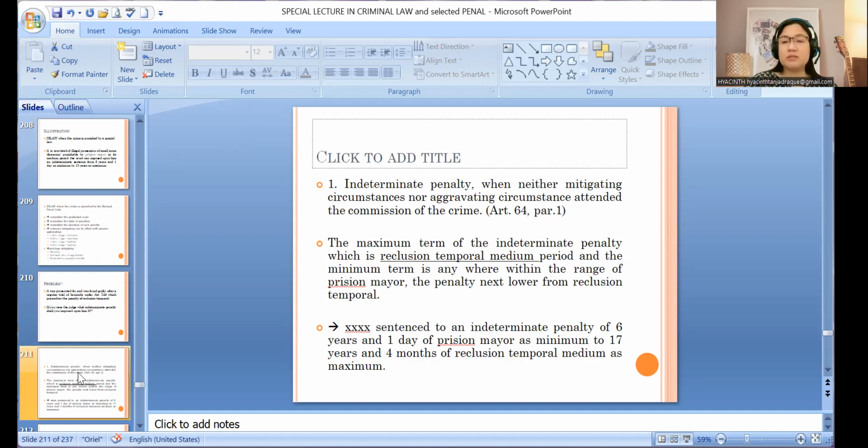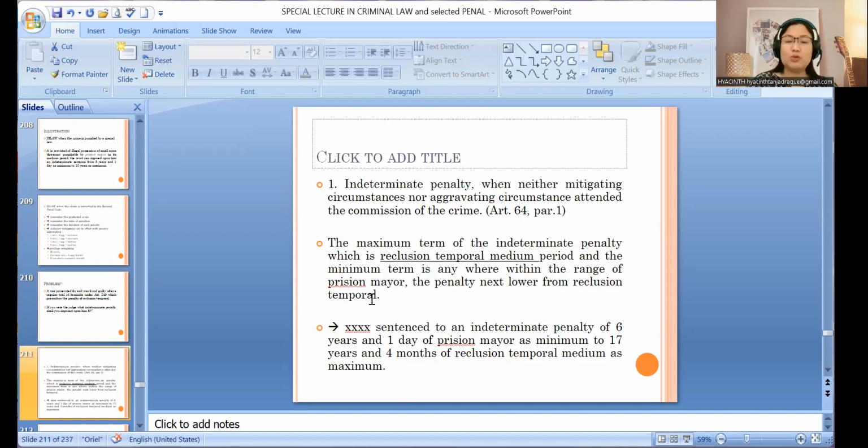Since no mitigating, no aggravating, as a rule, the prescribed penalty shall be imposed in the medium period. And the minimum term shall be anywhere within the range of prisión mayor, which is the penalty next lower from reclusion temporal.